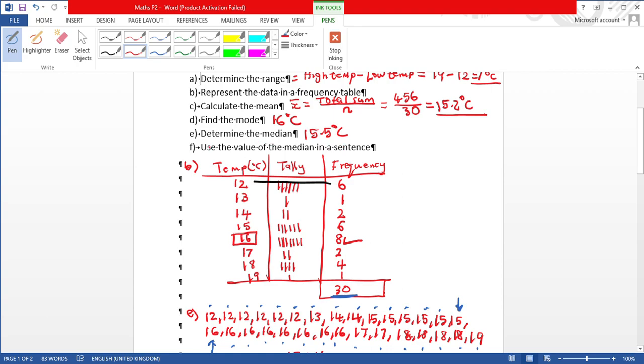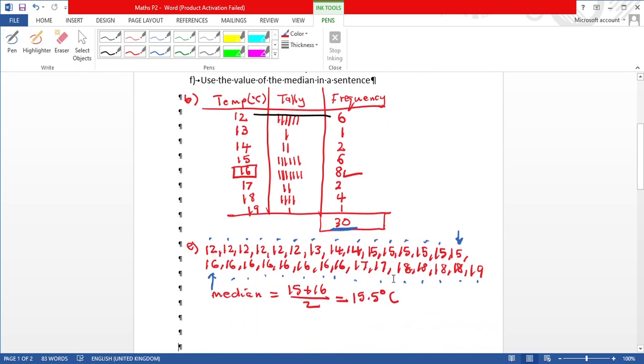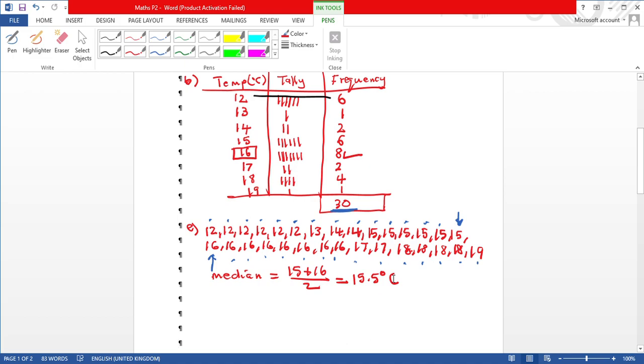Okay, the final question is use the value of the median in a sentence. Basically, this is testing whether we understand the interpretation of the median. So how are we going to write the median in a sentence?